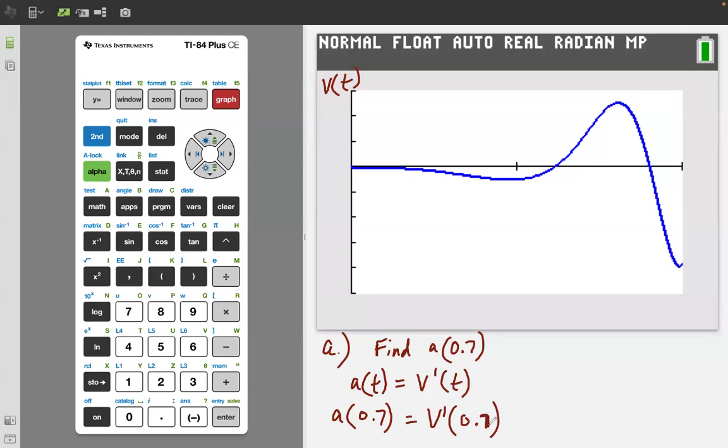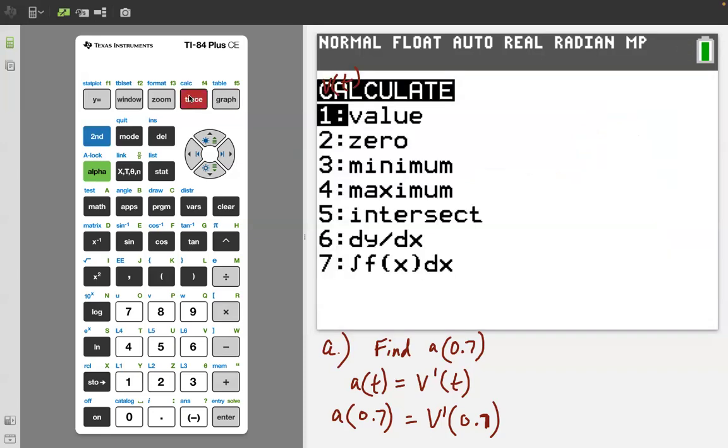So we can definitely use the technology to do this. Since we're looking at v of t, but we want v prime, let's just use the derivative feature. Everything's in the calculate menu, which is second trace. So we hit second trace, and the derivative, dy dx, is choice 6.